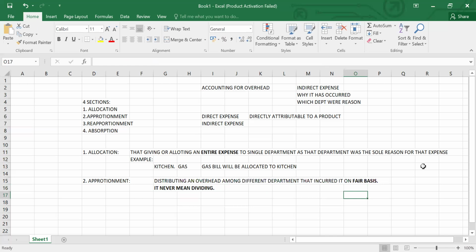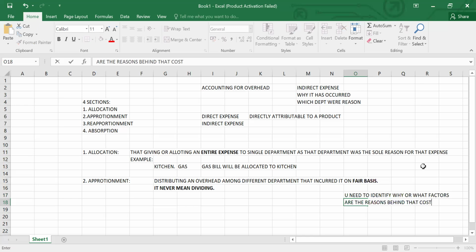Fair basis means that whenever you decide that you want to distribute an overhead cost, you need to identify the factors that are the reasons behind that cost.